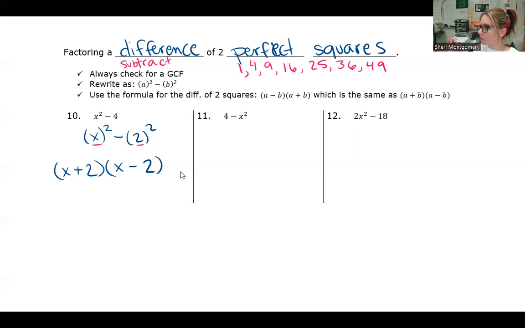Notice how there's no more something squared. You only rewrite the stuff that was in the parentheses. That's it. So that is factoring a difference of perfect squares.